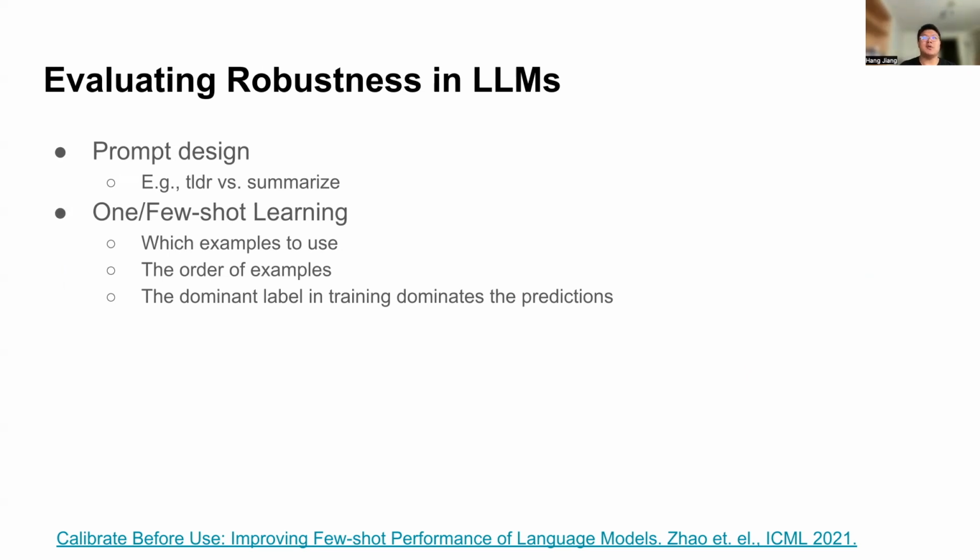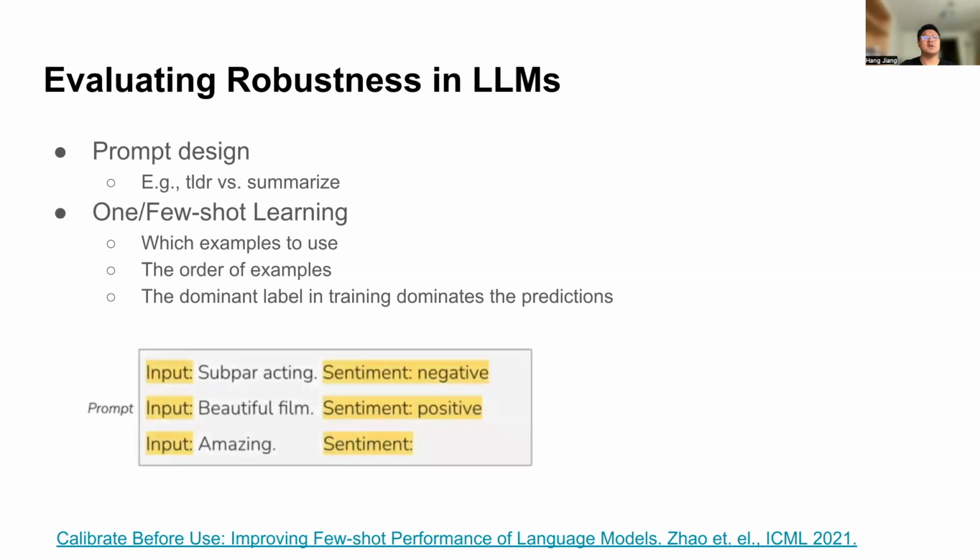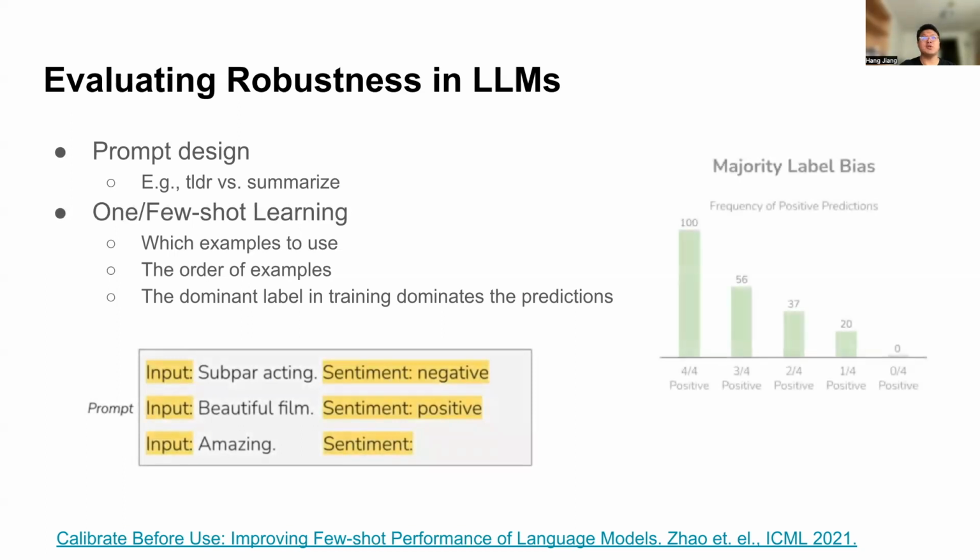And the dominant label of the training examples usually dominates the predictions. In this example, if you show a few-shot examples to large language models, and you show one negative example and one positive example to make them balanced, it will make your results better.